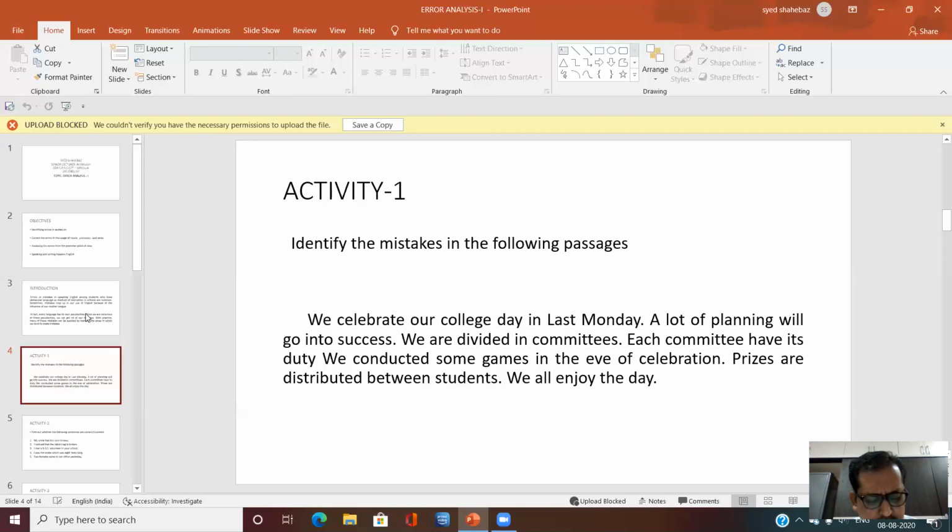Each committee had its duties. We conducted some games on the eve of college day. Prizes were distributed among students. We all enjoyed ourselves that day. So these are the mistakes we identified in this passage.